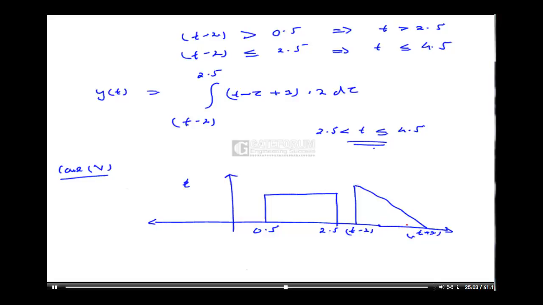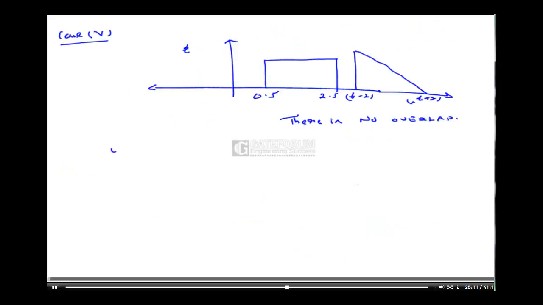When this will happen, there is no overlap. Once there is no overlap, yt is again equal to 0 for t minus 2 greater than 2.5, t greater than 4.5. Okay, so 5 cases will arise.